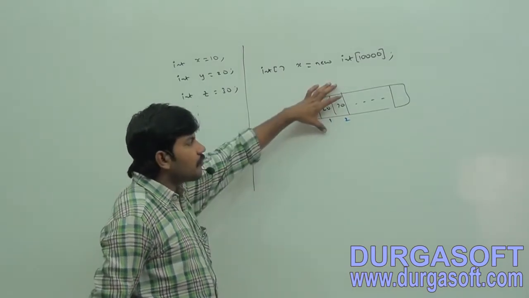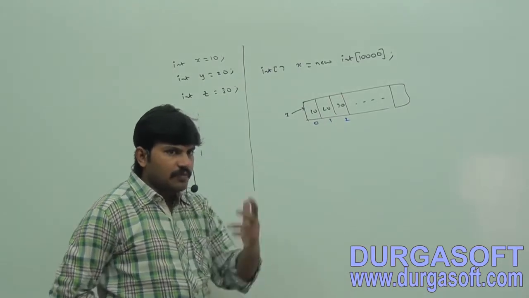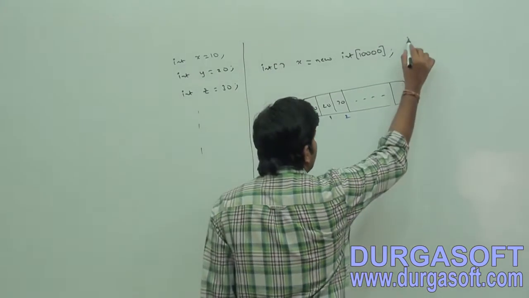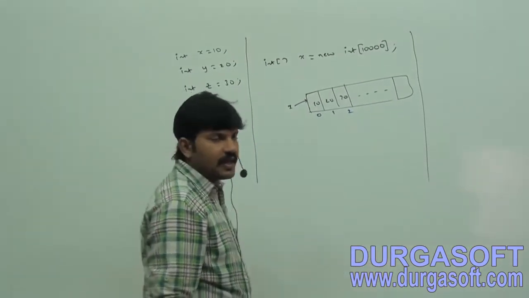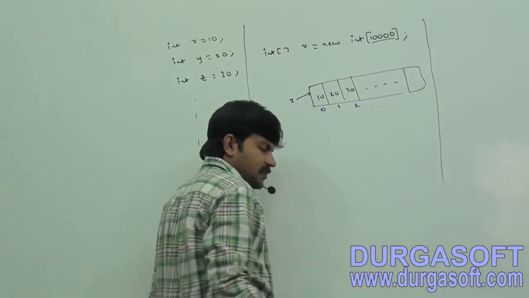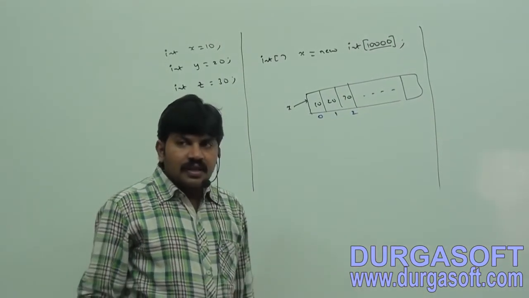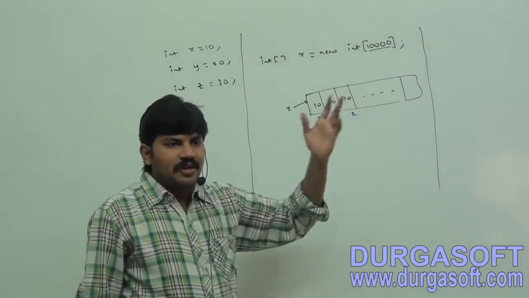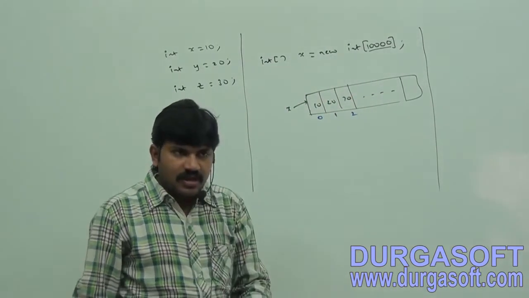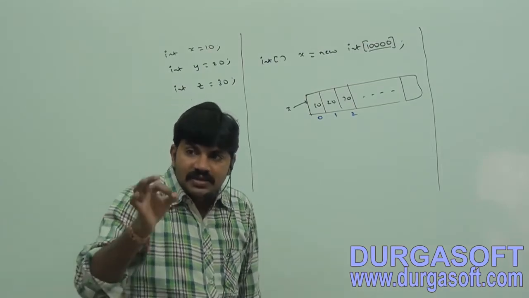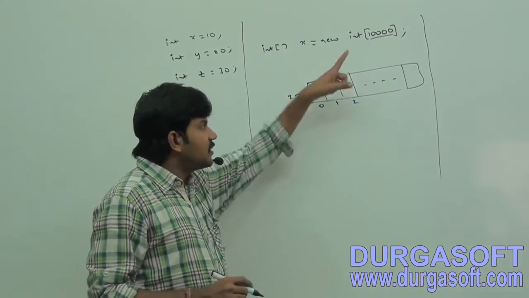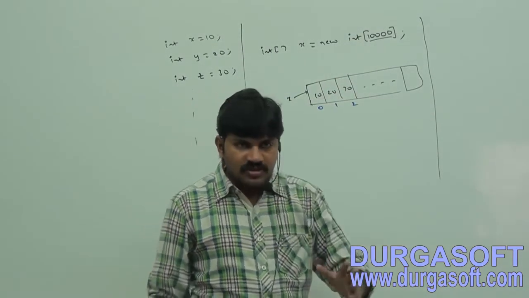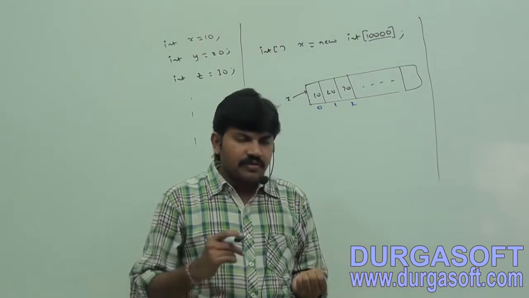What are the limitations of arrays? For example, I created an array with 10,000 size, but at runtime a 10,001st element also came. Your array is not in a position to provide space for that, because arrays are fixed in size. Once we create an array with some size, there is no chance of increasing or decreasing the size based on our requirement.